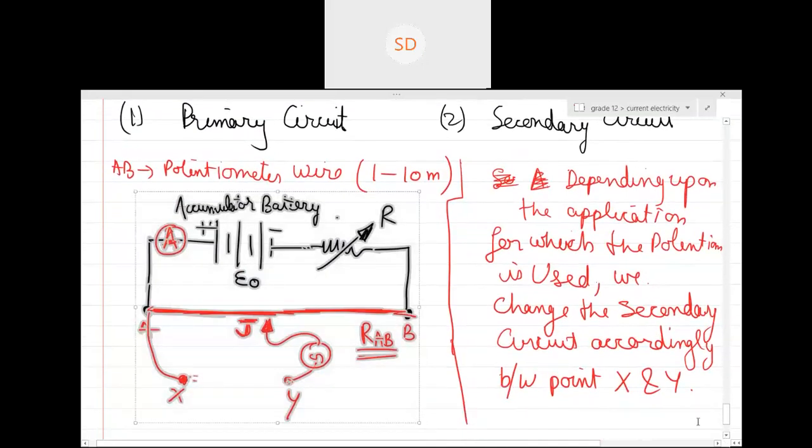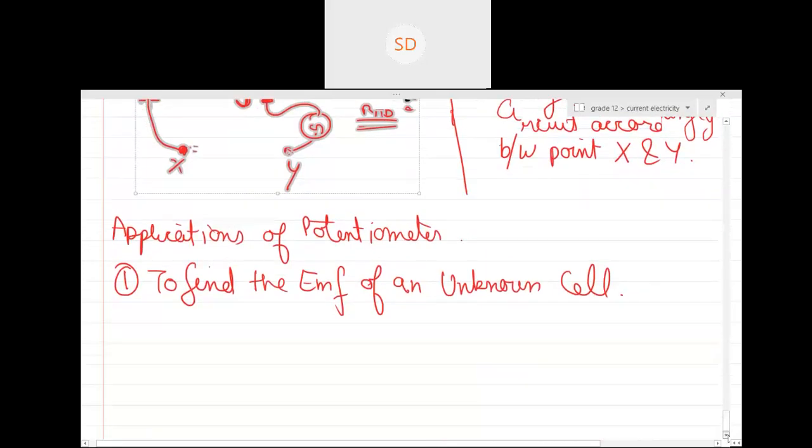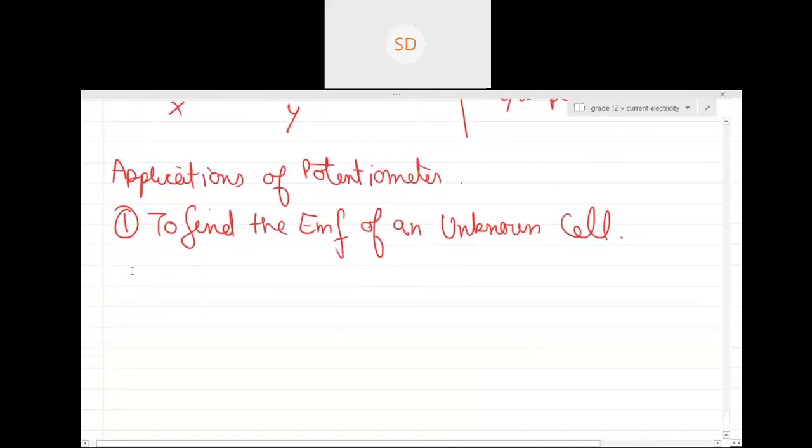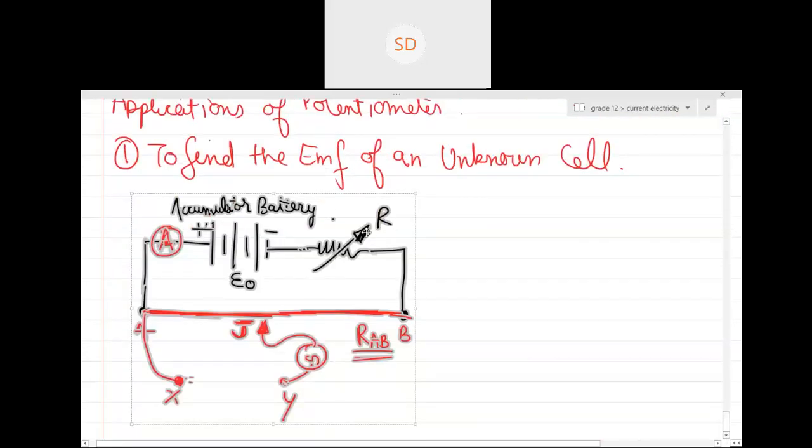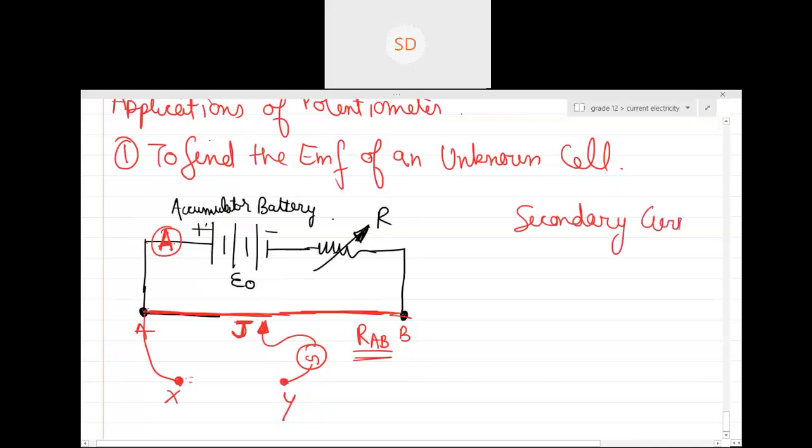Control C and Control V. So this was your primary circuit. In this case, you need to measure the EMF of an unknown cell. So what do you do in the secondary circuit? You just take that unknown cell, which may or may not have some internal resistance, doesn't matter.